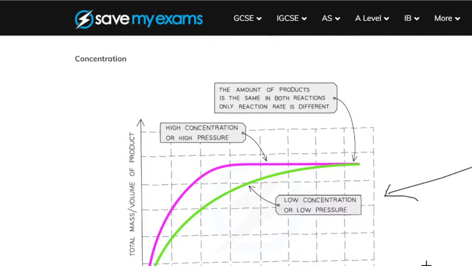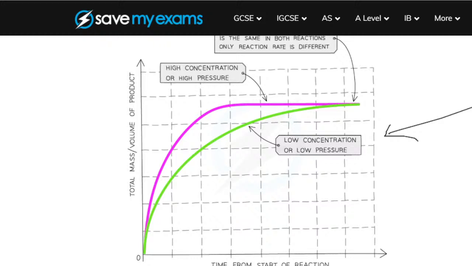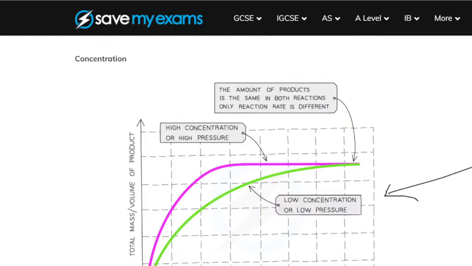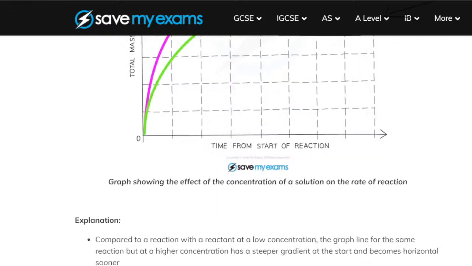That's quite direct. Hopefully you understand from that. It's just a quick diagram to show you how the different factors affecting a rate of reaction can be measured. And we move on, and the next one says that the explanation is because, when compared to a reaction with a reactant at low concentration, the graph line for the same reaction at a higher concentration has a steeper gradient.